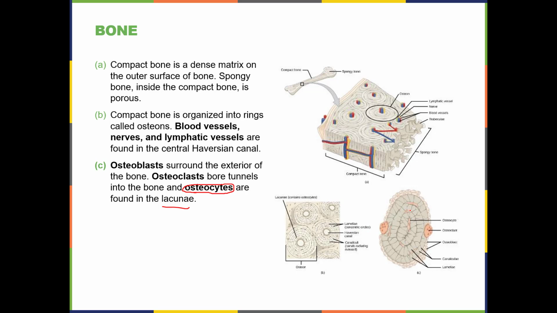You don't have to memorize all this for sure. Here's an osteocyte, and they're surrounded by this material that they secrete. And the material is mineralized with phosphorus and with calcium and such. So this is mineralized bone.